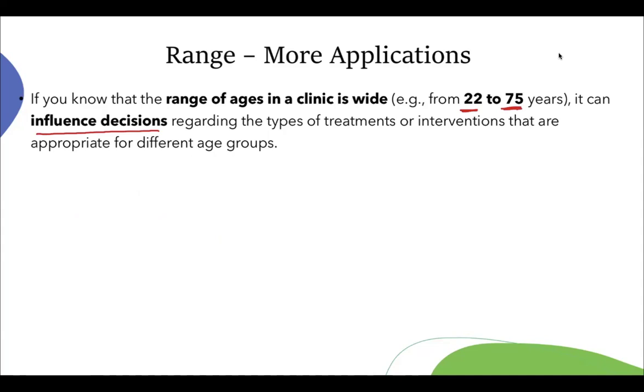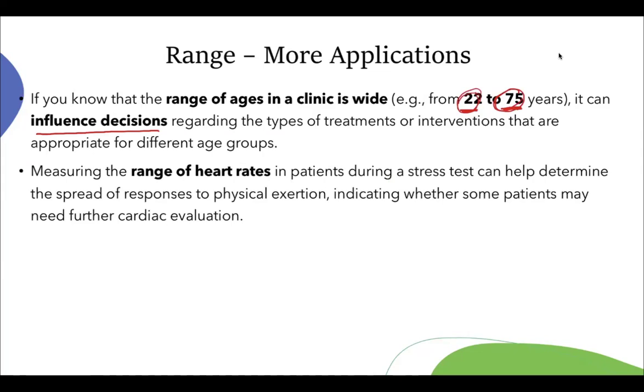So knowing that you do have young people in this data set, as well as older people, you can change your process. Measuring the range of heart rates in patients during a stress test can help determine the spread of responses to physical exertion, indicating whether some patients may need further cardiac evaluation.